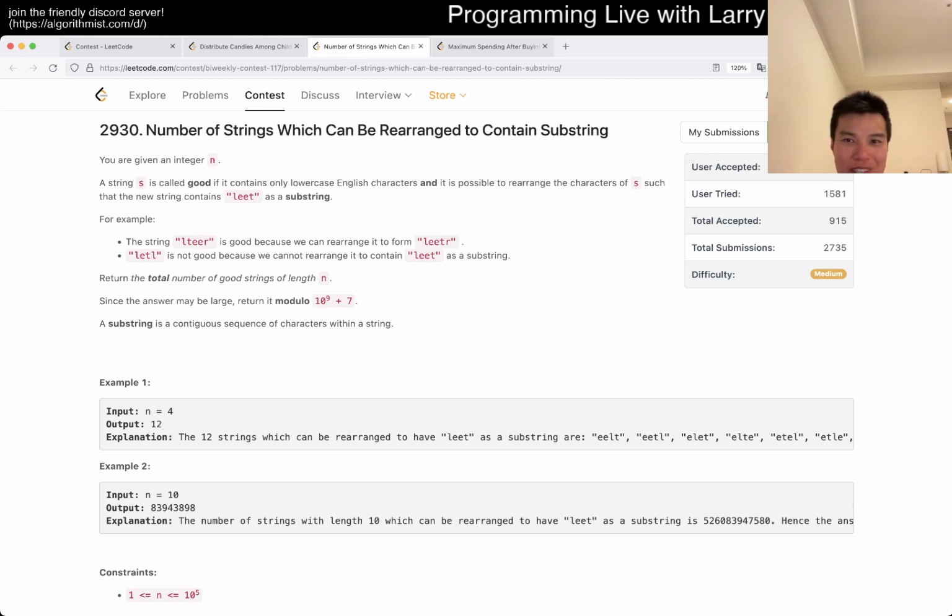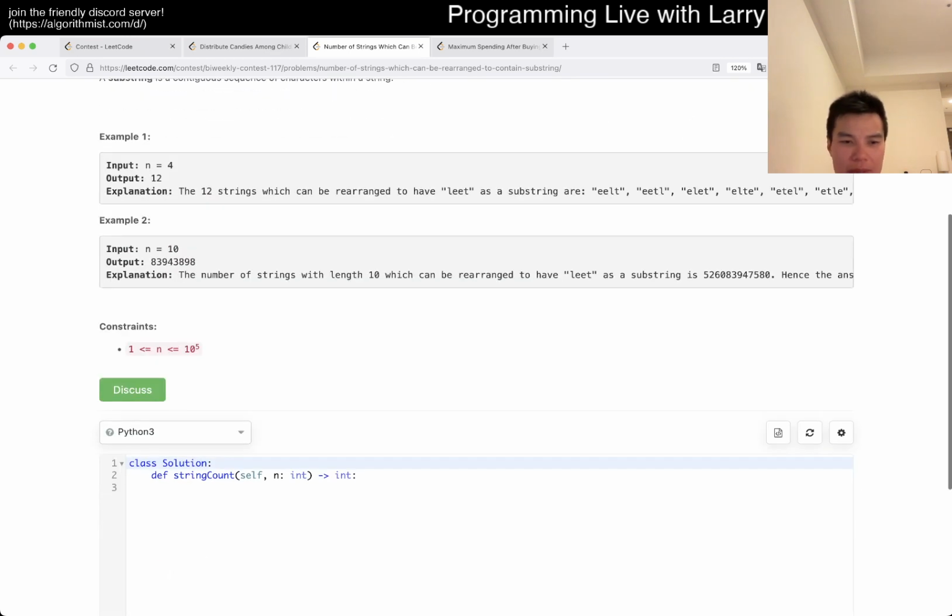Number string that can be rearranged contains substring, okay. And the string s contains only lowercase letters, and it is possible to rearrange the characters such that, oh, new string, okay. Mod.